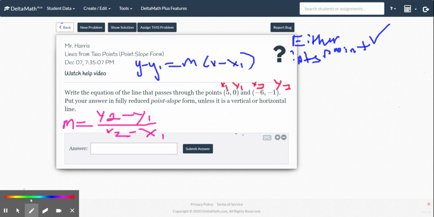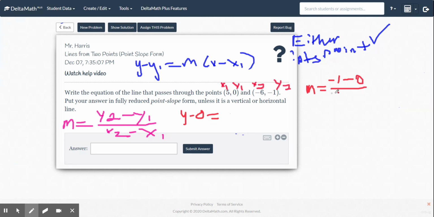All right, so I'm going to go with 5 and 0 as my x1, y1. So y minus 0 equals my slope, which I've not yet found. M equals, this is x2, y2, so negative 1 minus y1, 0, over x2, negative 6, minus x1, which is 5.